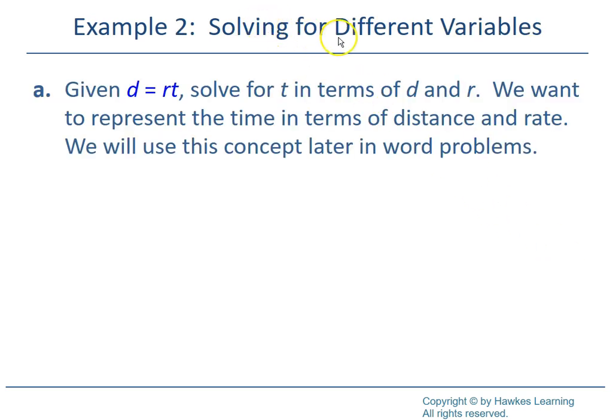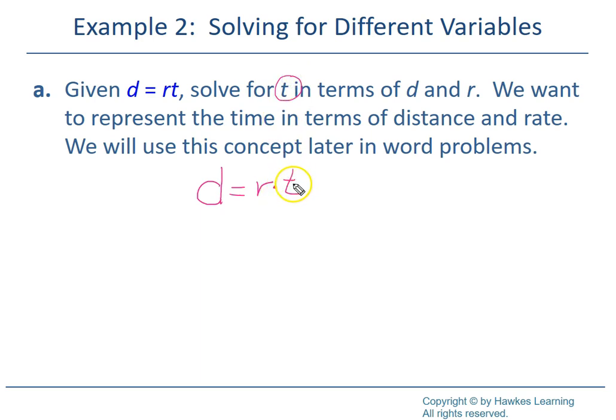Okay, solving for different variables. Now, for this, we're going to use the principles we've worked on. The basic formula for distance is distance equals rate times time. Now remember, this is multiplication. We don't put a dot there, but that's what it is. And they want us to solve for t. So what does t equal?